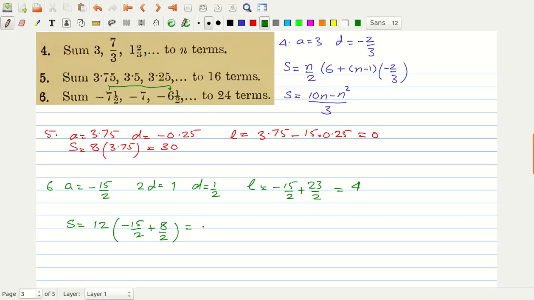What you get is 8 minus 15, which is minus 7, so you get minus 7 times 12 divided by 2, and this is equal to minus 42, right?